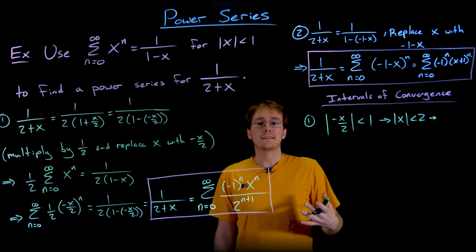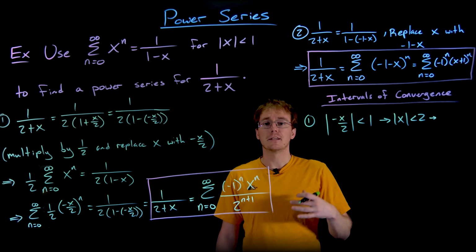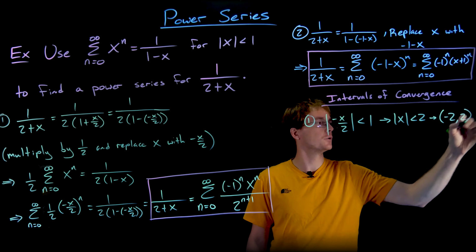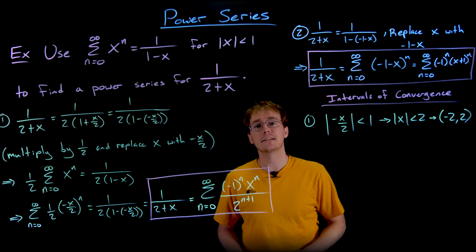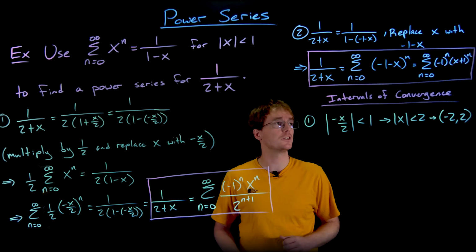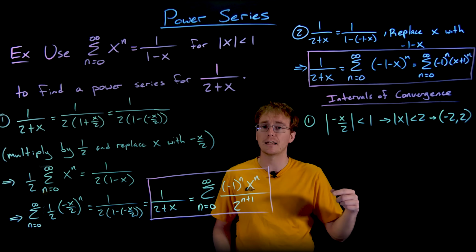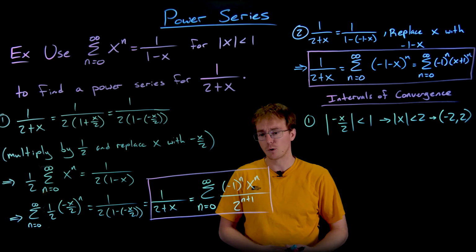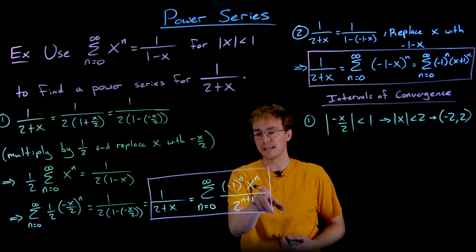And so, well, if we write that not in this inequality notation, but in interval notation, that'll look like the open interval from -2 to +2. And technically, we need to test the endpoints of this interval to see if we have convergence at -2 or +2. But we can do that really, really quickly because, well, what happens if we plug in x equals -2 here?